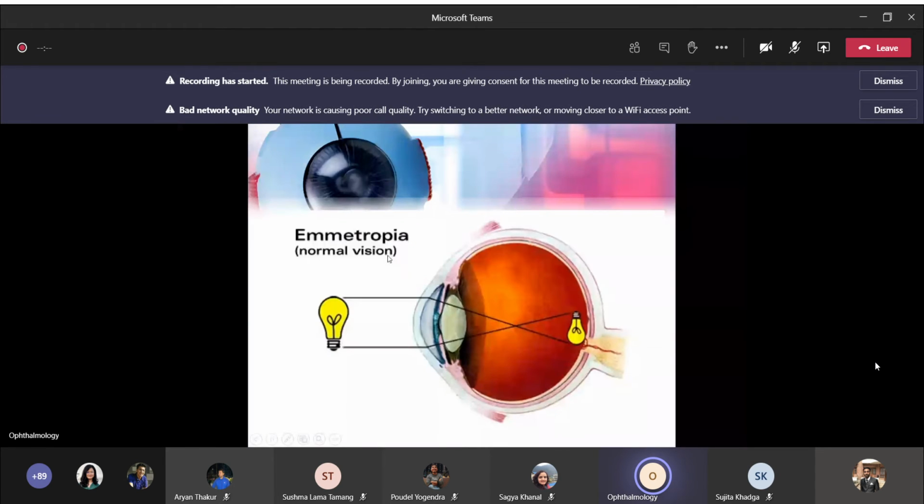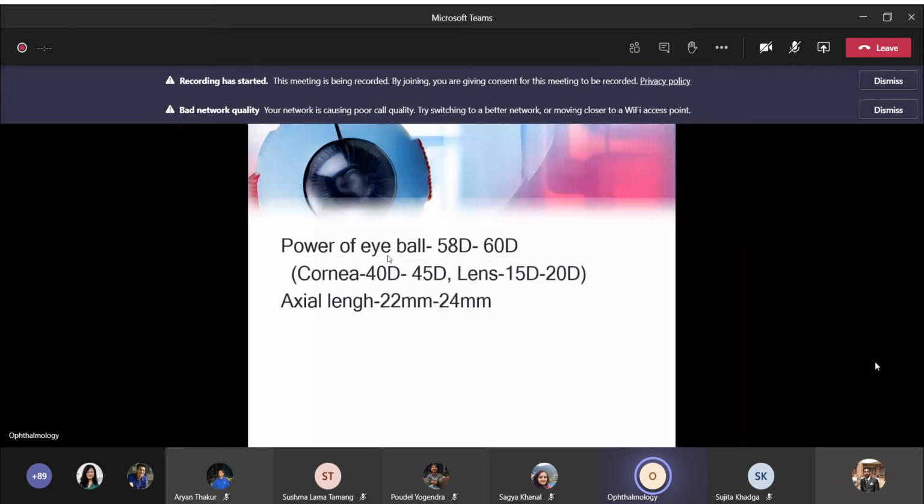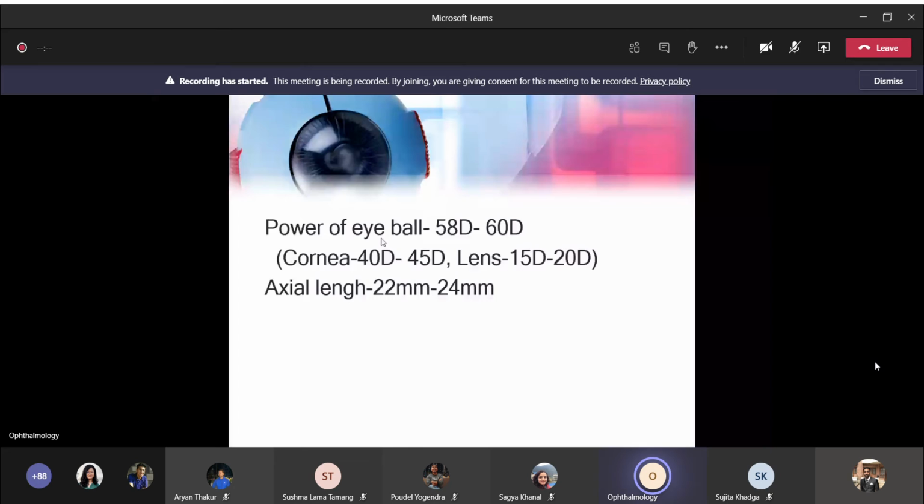The cornea ranges from 40 to 45 diopter, and the lens has a power of 15 diopter to 20 diopter, and the axial length must be 22 to 24 millimeter. This is the normal state of the eyeball.